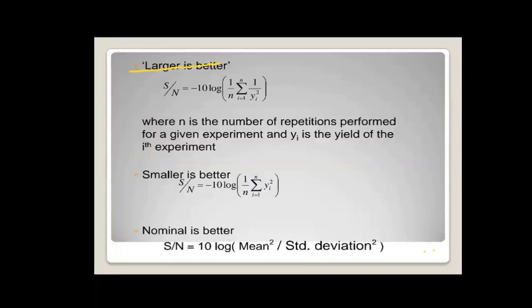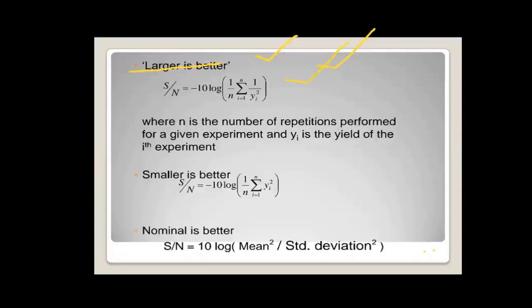In that case, I will quote larger is better. I want maximum material removal rate. Suppose my output is surface finish. I want maximum. So again, larger is better. Suppose my output is maximum production. In that case, larger is better will be the good option for me.